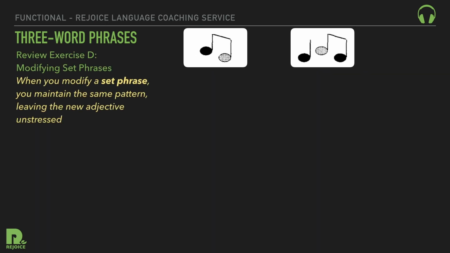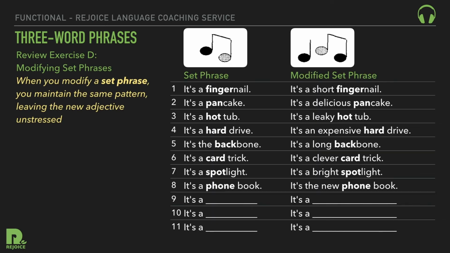Review exercise D, modifying set phrases. When you modify a set phrase, you maintain the same pattern, leaving the new adjective unstressed. 1. It's a fingernail. It's a short fingernail. 2. It's a pancake. It's a delicious pancake. 3. It's a hot tub.